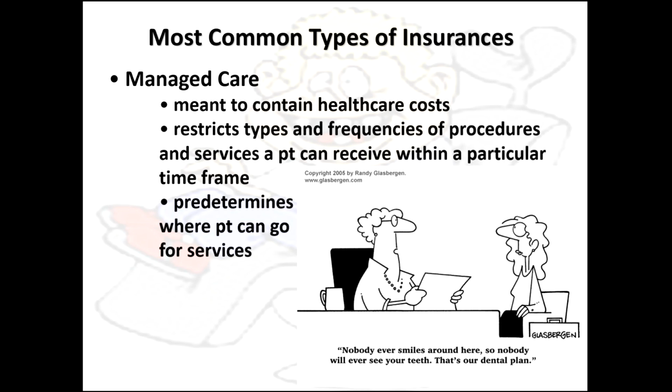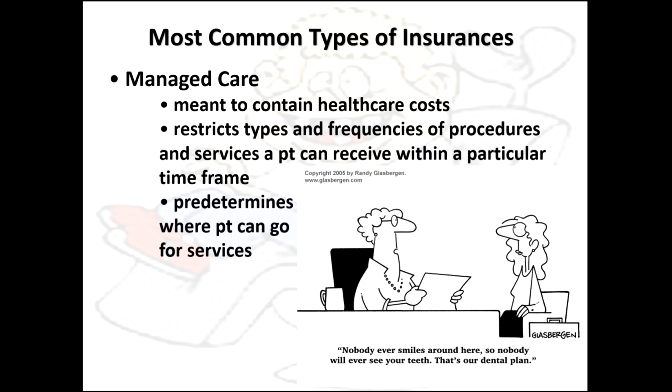Managed care is another kind of insurance, and this one is a good one for healthy poor people, to put it that way. What that means is managed care insurance plans are usually a little bit cheaper because they restrict you to certain things. So in 1 year, you can go see your family doctor twice.